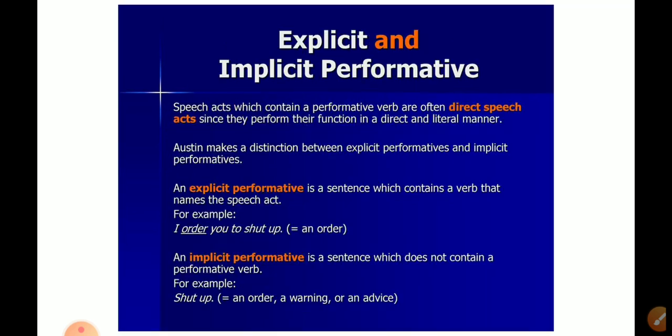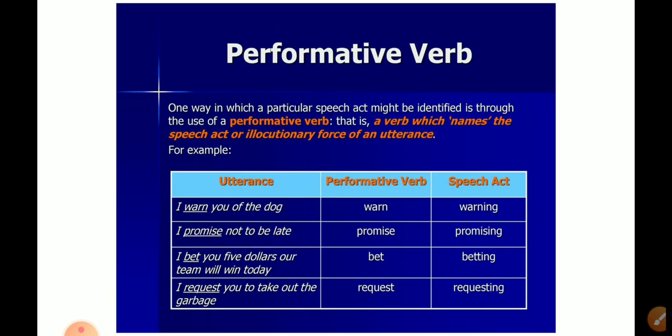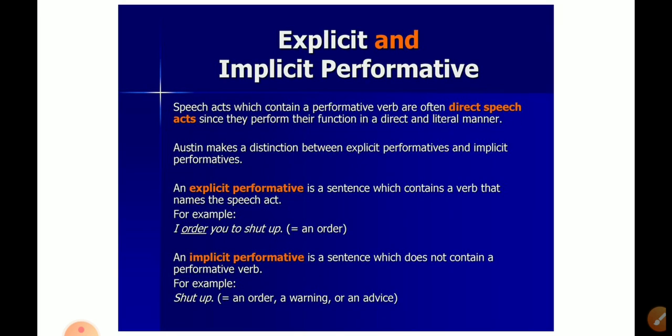They perform certain actions. Now, explicit and implicit performative speech acts which contain a performative verb are direct speech acts. For example, these sentences contain performative verbs. Therefore, they are called direct speech acts since they perform their function in a direct or literal manner.